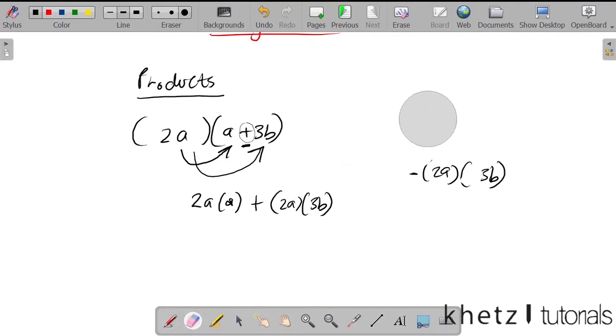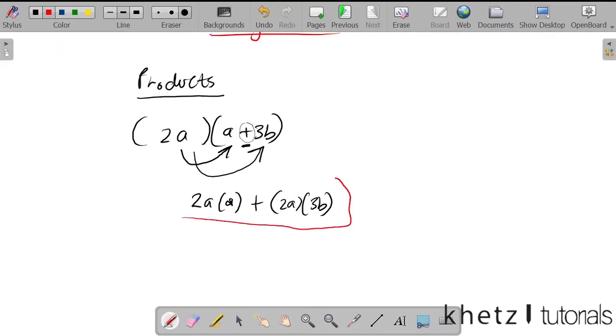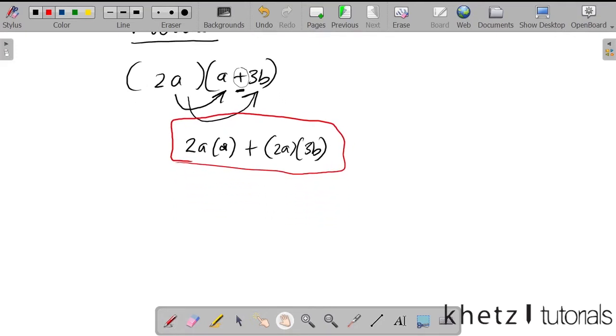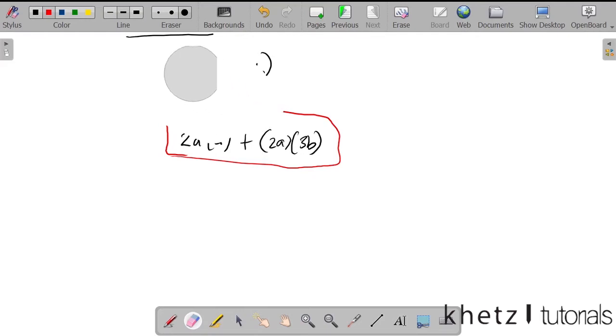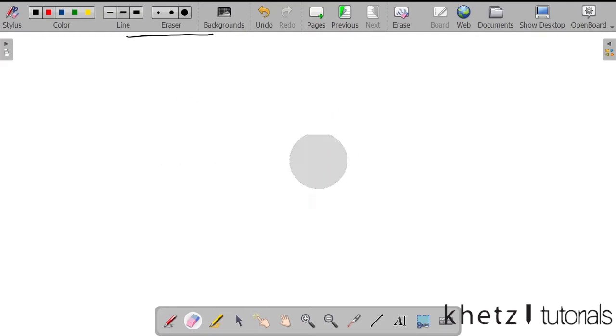What I'm trying to bring home is that if you have products, you just multiply each of the terms on the left with each of the terms on the right. Whatever number of terms you have, that's how you compute the product.